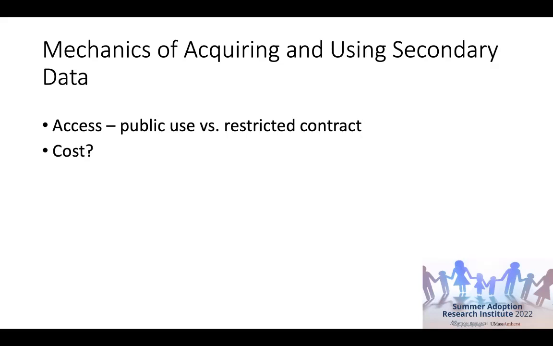Another aspect to think about is cost. It can range from no cost up to what I would call a relatively modest cost. I think the AdHealth data set, I believe the initial contract was either $500 or $1,000 or something like that.